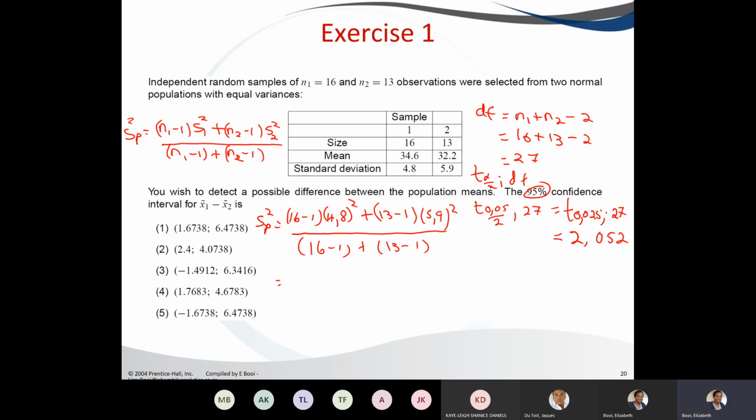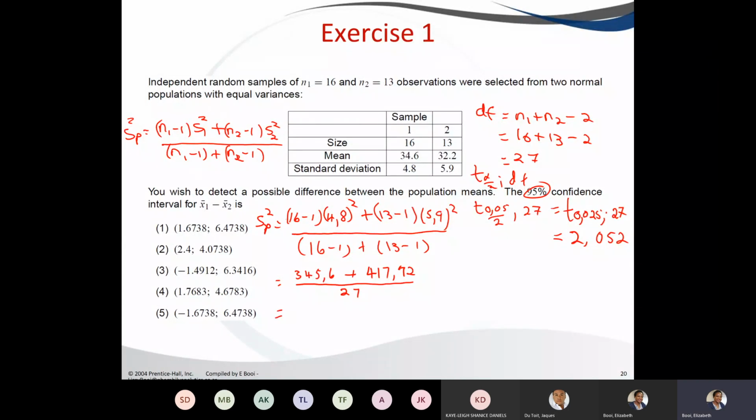Then if we calculate what is at the top, we get 345,6. If I'm getting different numbers than you are, let me know. You can unmute and tell me. I'm not looking at the chat. Then 417,72 divided by, if I calculate everything, 15 plus 12, I get 27.